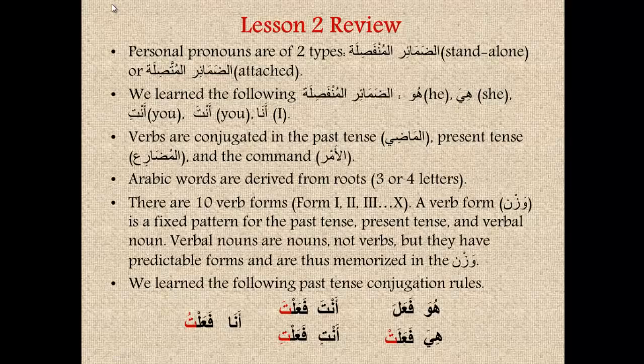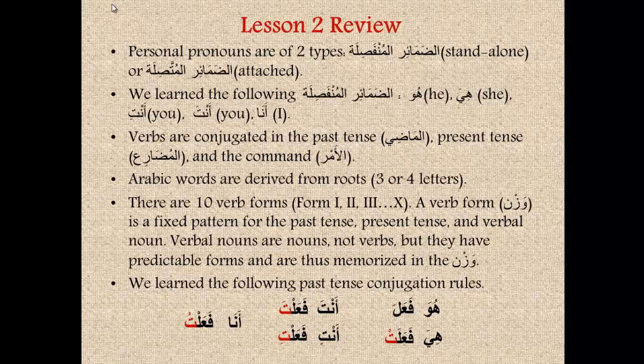There are 10 verb forms in the Arabic language that are in use today, and they are numbered form 1, 2, 3, etc. to form number 10 using Roman numerals. A verb form or wazn is a fixed pattern for the past tense, the present tense, and the verbal noun. Verbal nouns are nouns, not verbs, but they have predictable forms and thus are memorized along with the past and the present in the wazn.